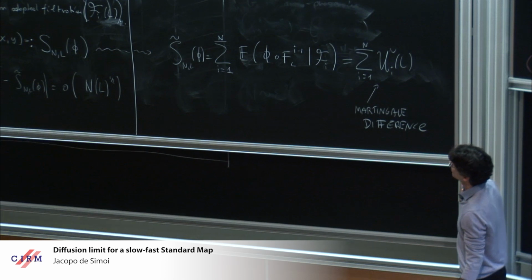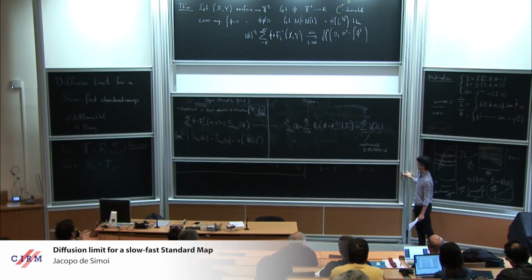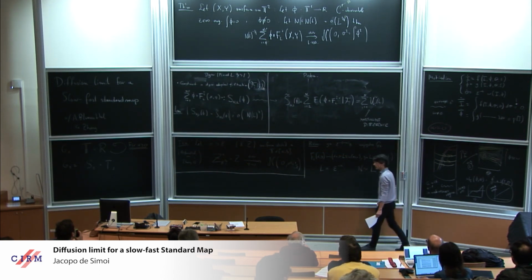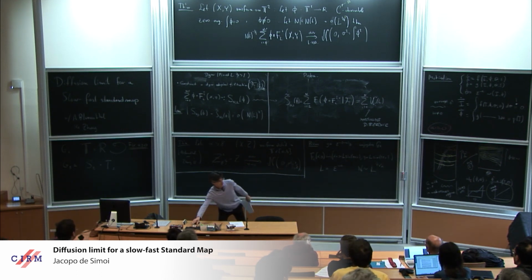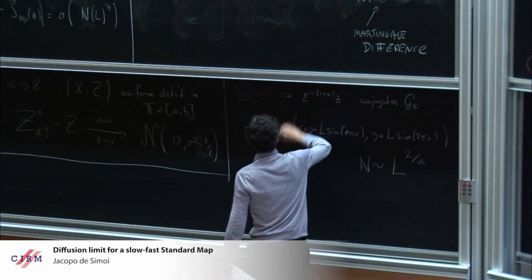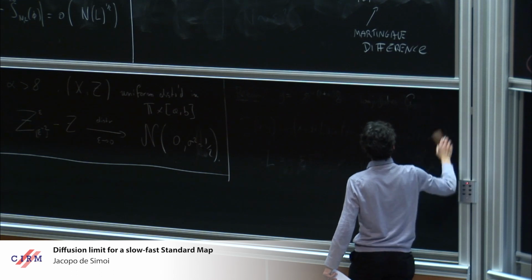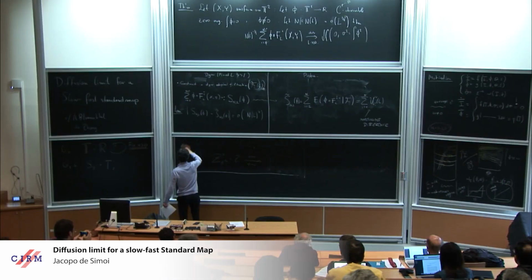And then what you do is a relatively standard business, because once you have such a thing, it's not impossible to guess that you are able to prove a CLT for this thing by means of standard techniques in probability, and that's in fact the case.